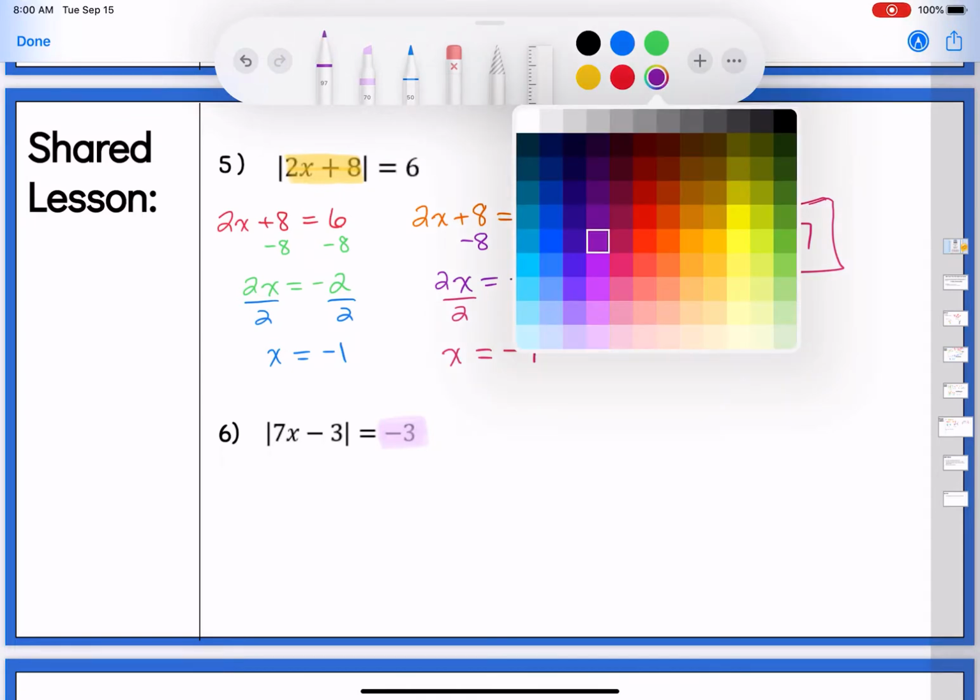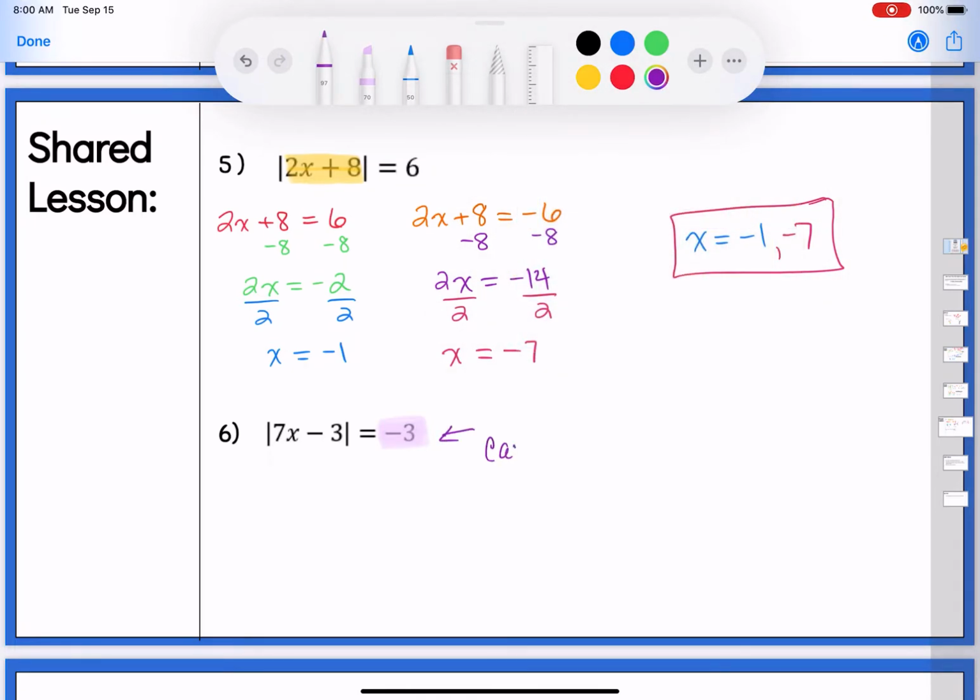So before I even split anything apart, I know that my absolute value can never equal a negative number, so this one has to be a no solution.